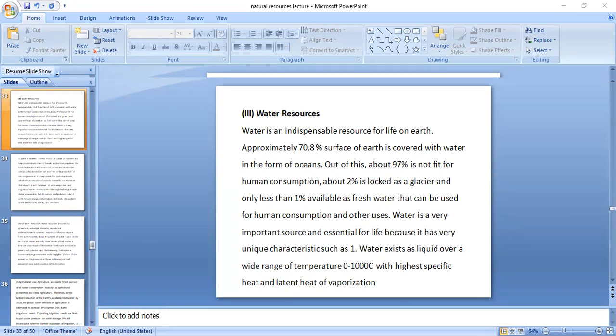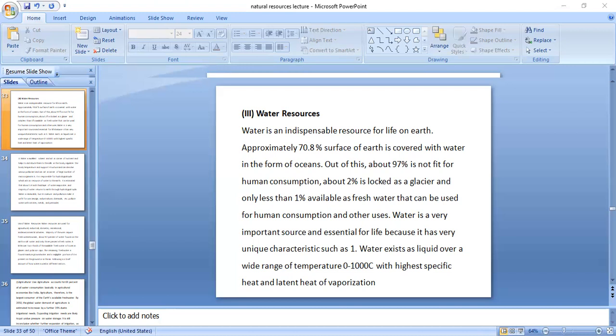So, if we construct the dam, if we reserve the water in a dam, then and then only is it possible for us to go for hydroelectricity generation. Else, we won't be able to produce electricity by means of water.